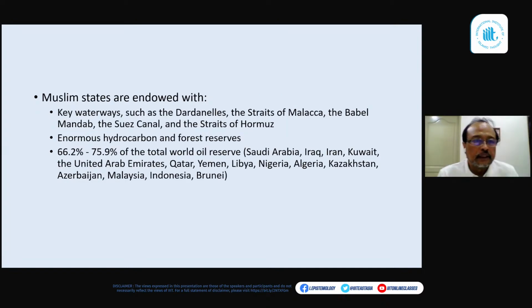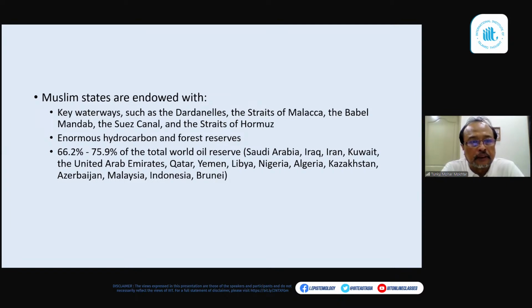Now, the importance of the Muslim states can be seen in the fact that they are also endowed with key waterways such as the Dardanelles, the Straits of Malacca, the Bab el Mandab, the Suez Canal, and the Straits of Hormuz, meaning they control some of the key waterways in the world.